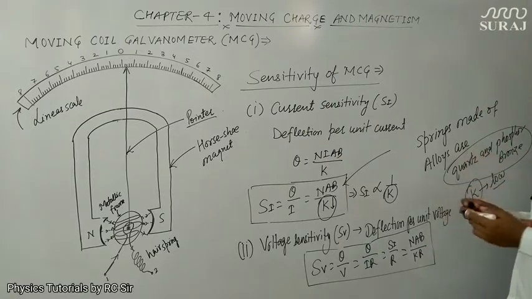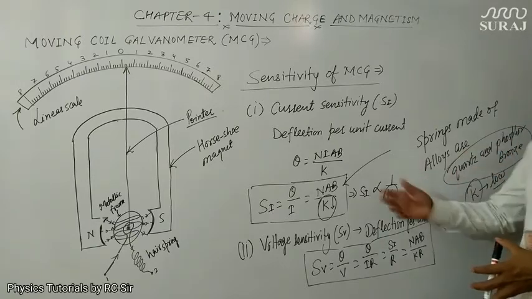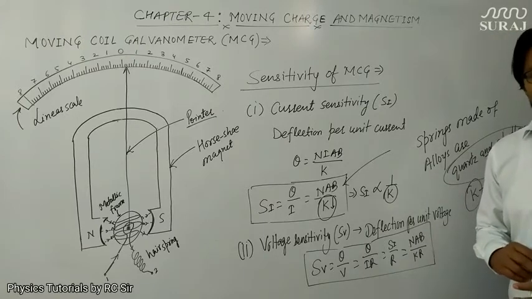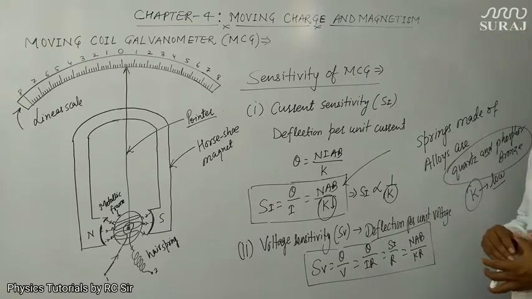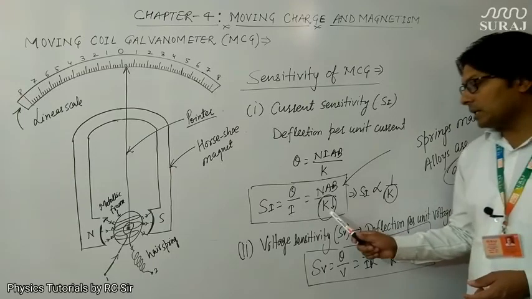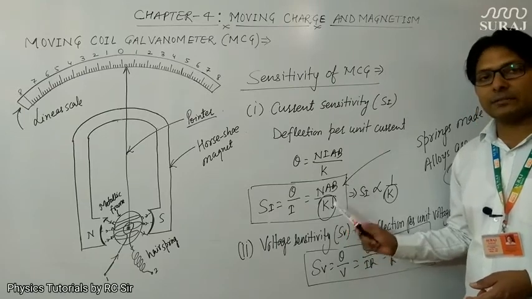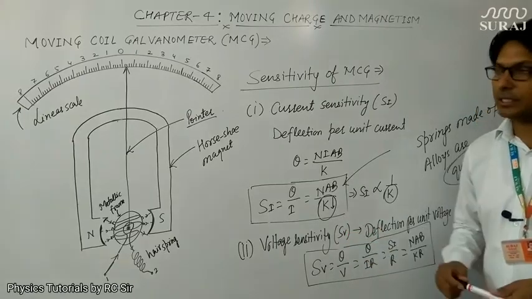This question is sometimes asked in exam, why we use quartz or phosphor bronze spring in MCG. So your answer will be, to increase the sensitivity of galvanometer, the better way is to use such type of springs which have less value of spring constant.